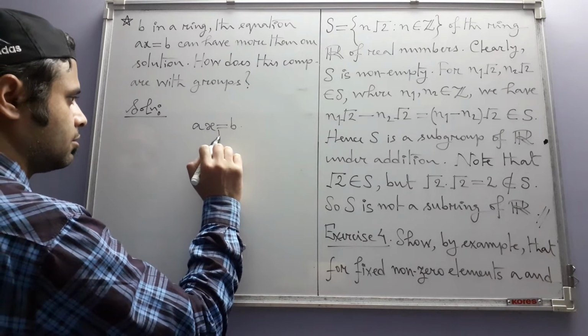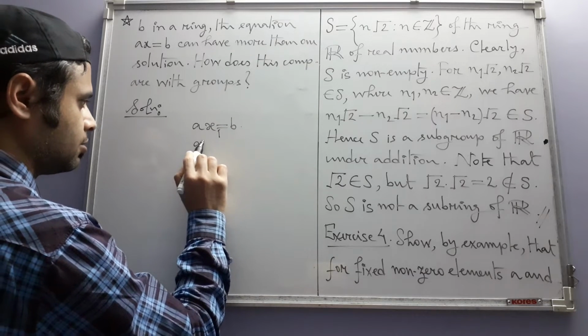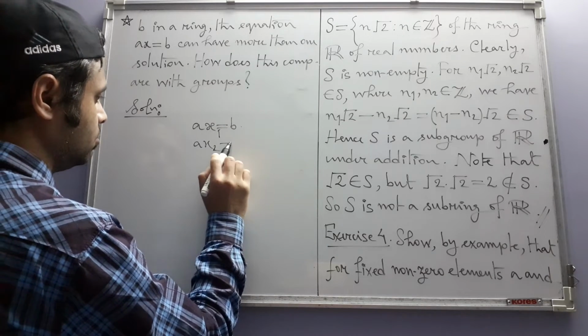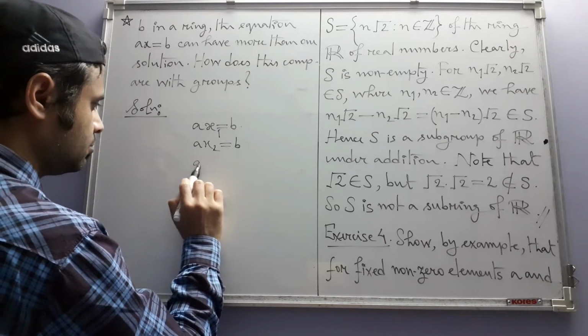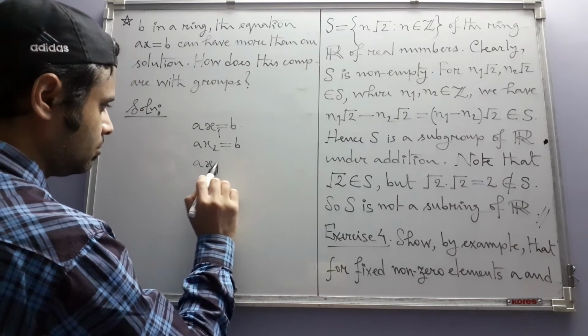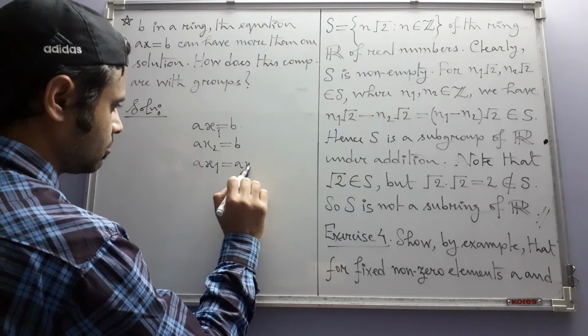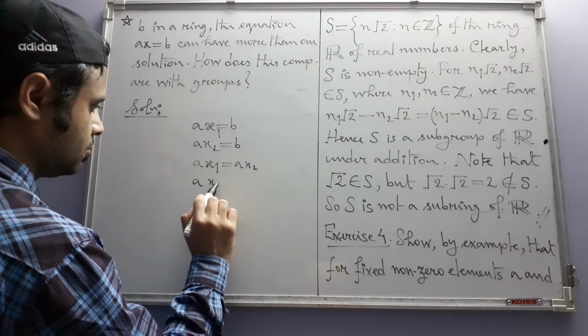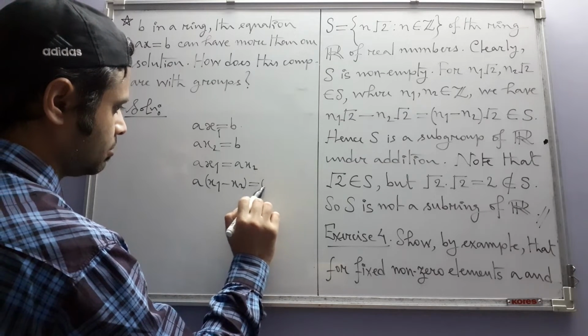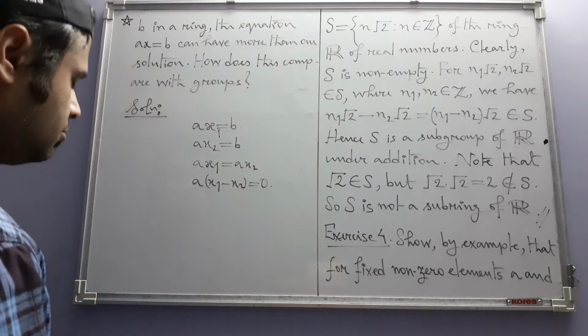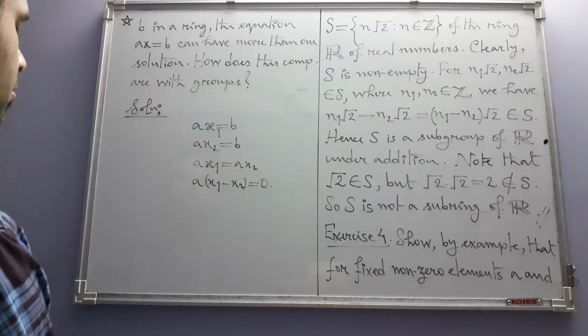Okay, so what do I need? Say we have x1 and we have another x2 for which also this is true. Then x1 minus x2 should be equal to 0.